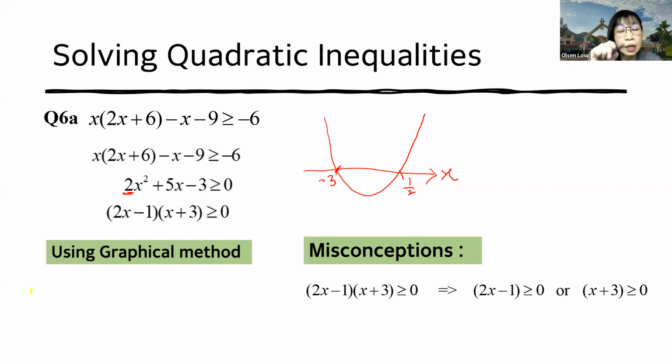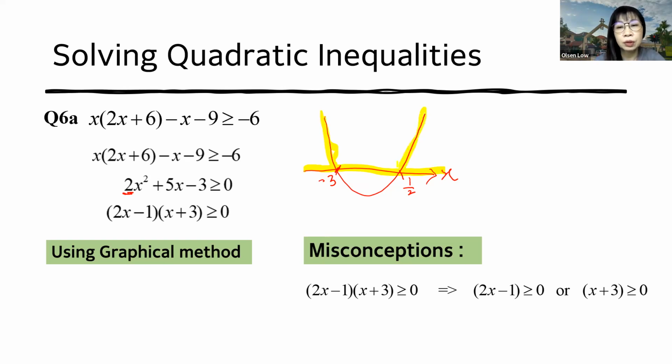In this case, the region that we see is greater than 0. If it is greater than or equal to 0, that means the curve has to be above the x-axis. When it is above the x-axis, we are referring to the upper portion of the graph, which is the left segment here and also the right portion of the graph.